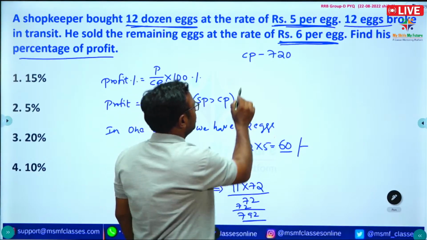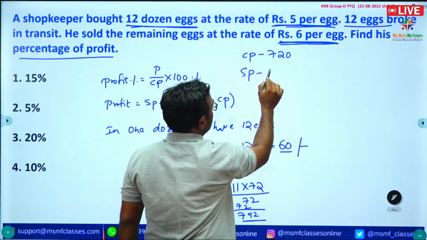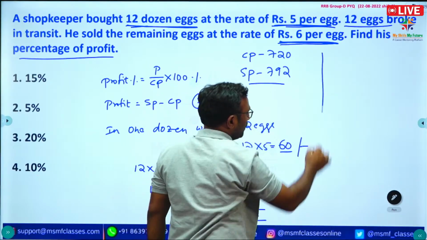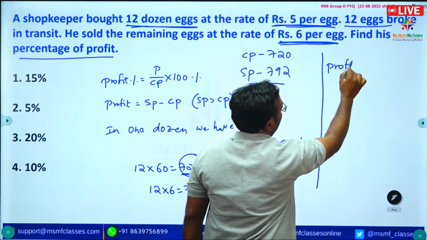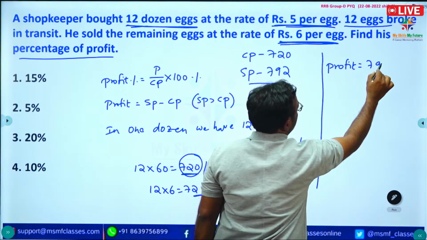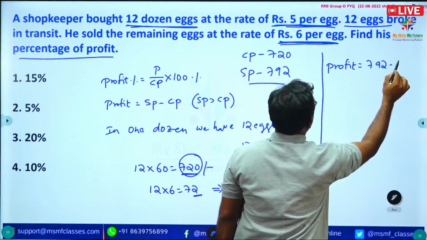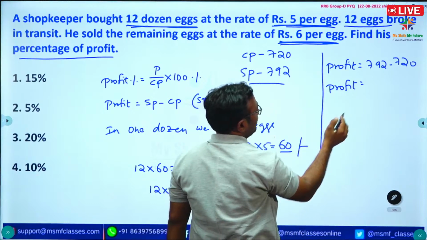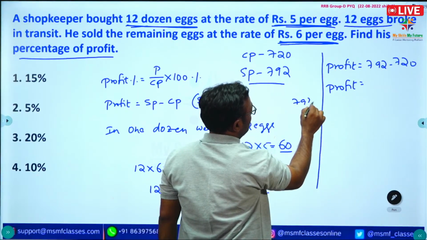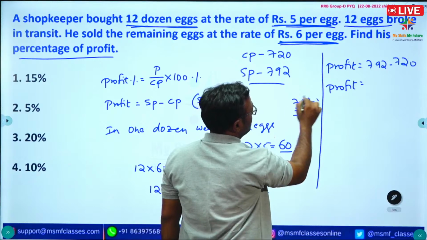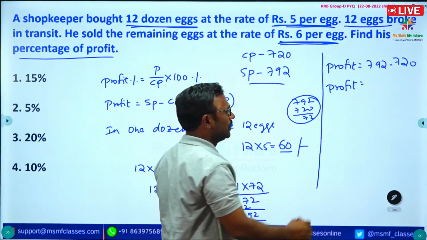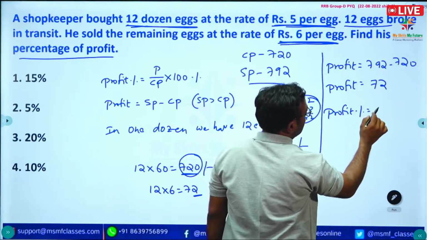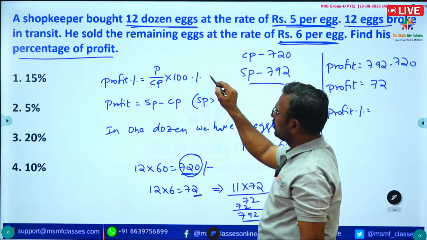So the selling price of all eggs is 792. Profit is equal to selling price minus cost price, so 792 minus 720, profit is equal to 72. Profit percentage is equal to profit by cost price into 100%.